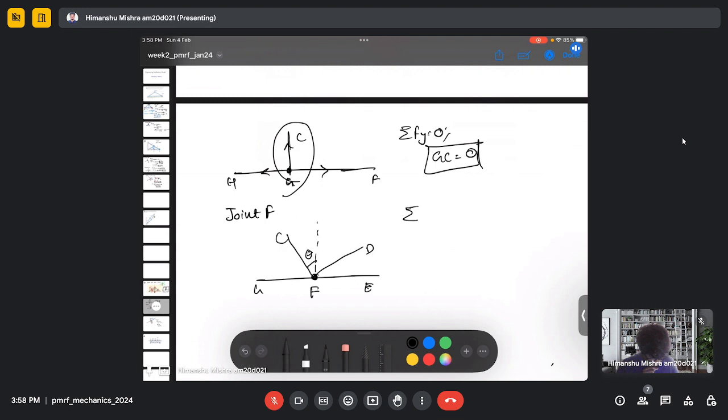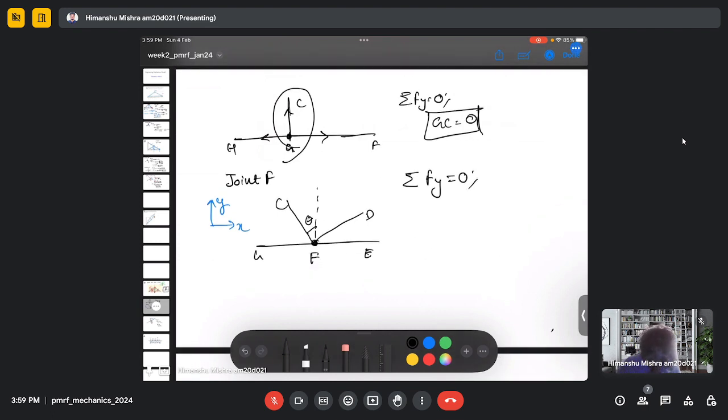So now if I do the force balance here, my coordinate axes are X and Y. I do the force balance in the Y direction.